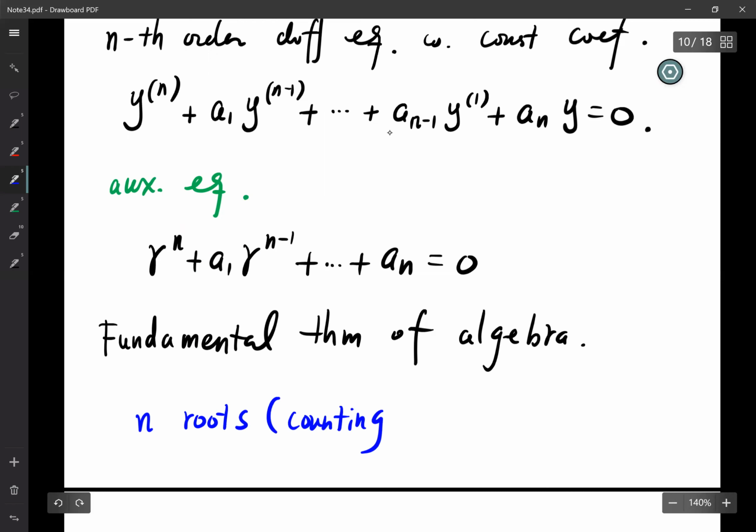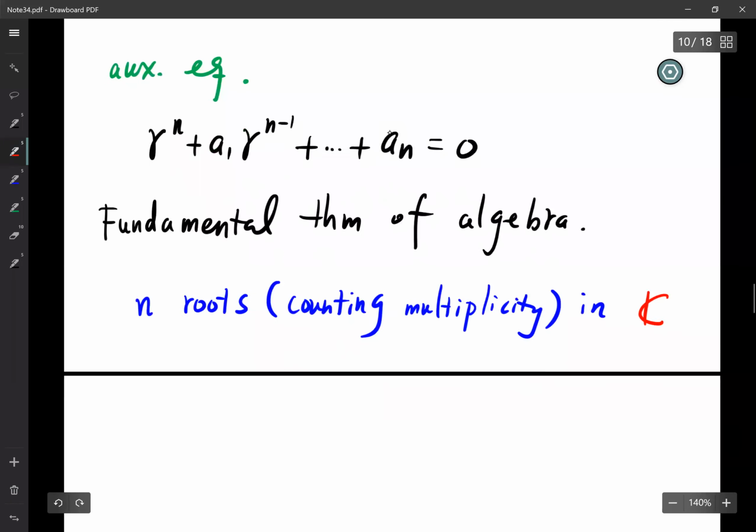So if there's a root 1, and there's another root 1, it counts twice. The C means that they're in the complex plane. So let's say r squared plus 1 equals 0. There's no real root, but there are 2 roots in the complex plane. One is plus i, one is minus i.